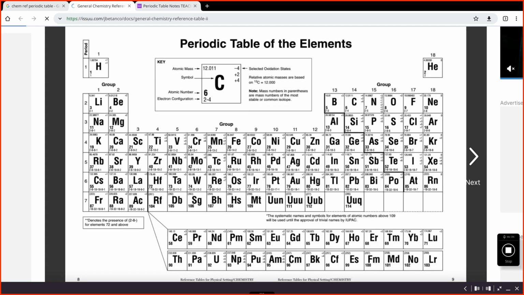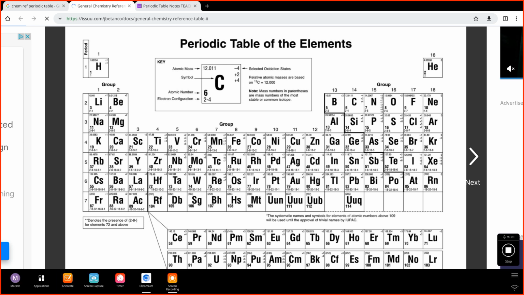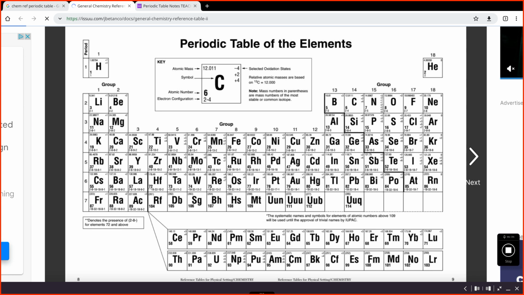So if we go and look here, we'll look at group 2, for instance. The thing that we notice about every single thing in group 2 is, let's zoom in a little. We can't just touch anything, so we'll just leave it as is.